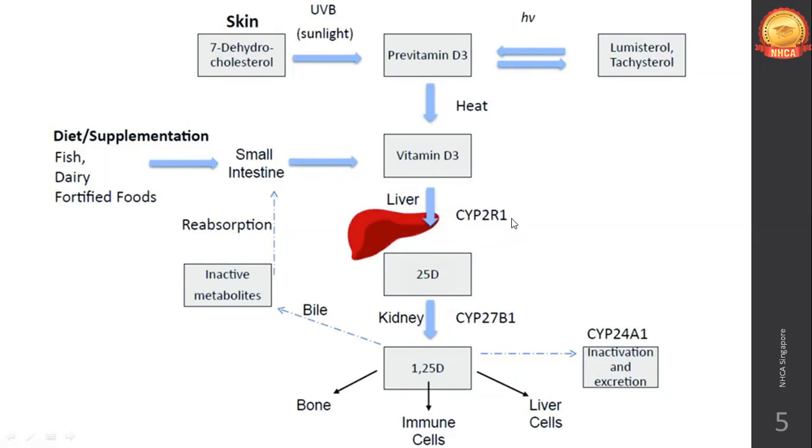These are the full forms, it does not matter. You just have to understand there are certain enzymatic reactions going on in these organs, which are converting one form of vitamin D into another. Finally, you get the hormonal vitamin D, that is 1,25 dihydroxycholecalciferol. And this has various functions.